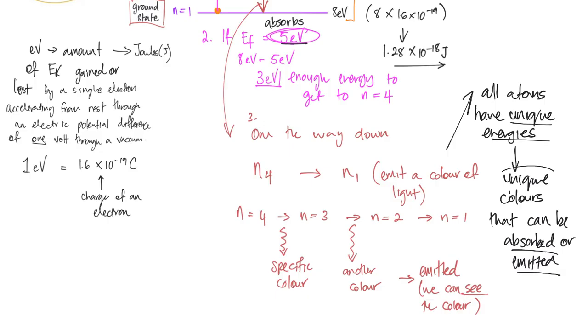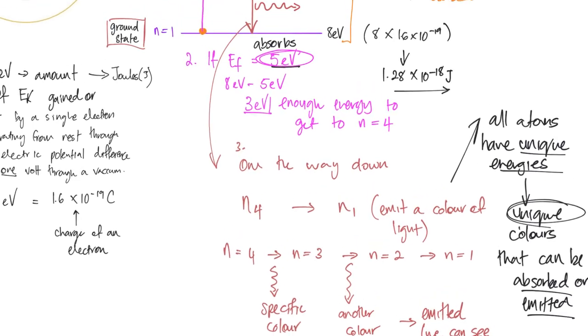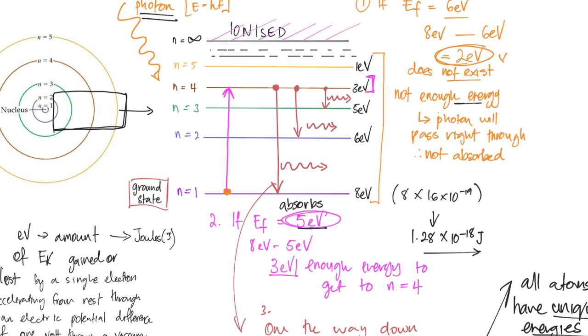When I mean unique, I'm talking about things like turquoise or violet, indigo, carmine, mauve. All of these different atoms, when a photon comes onto them, are going to absorb different colors. When they move down to their ground state, they will emit a color of light.